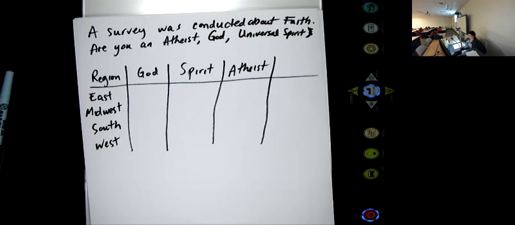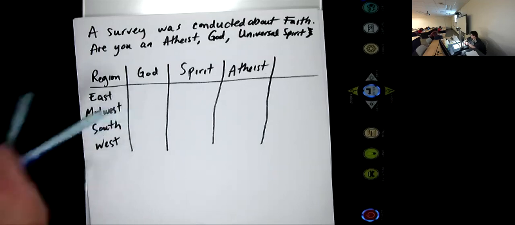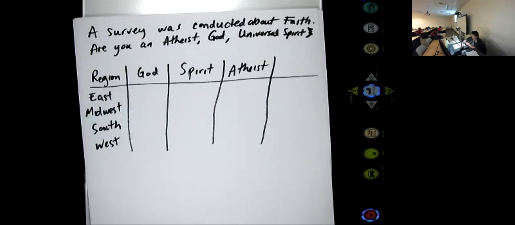This is the breakdown that it was done. I made this up. I pulled this from something else. And it had the following numbers. Maybe I'll use different numbers for each column, so that way it's a little bit easier to read.